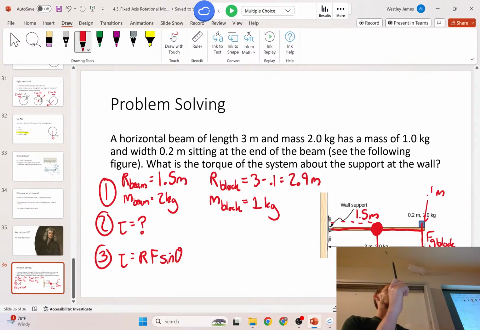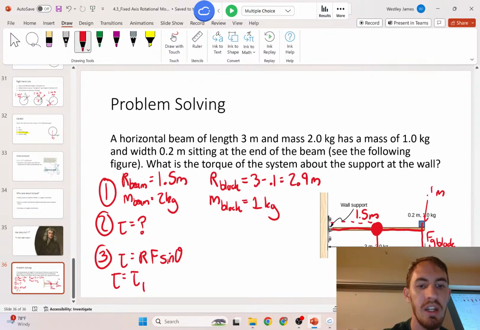If the force of one of these was up instead, I'd have to subtract them. So the net torque is going to be torque 1 plus torque 2. Just like when y'all remember free body diagrams, net force, and you had to add up the forces. A force that's up and a force that's down had to get subtracted. You have to be careful of that with torque as well.